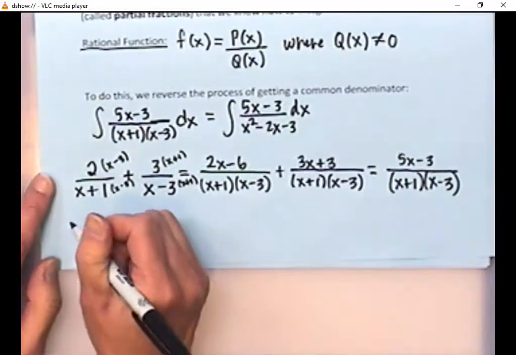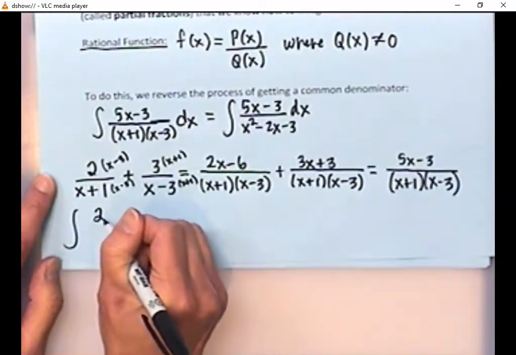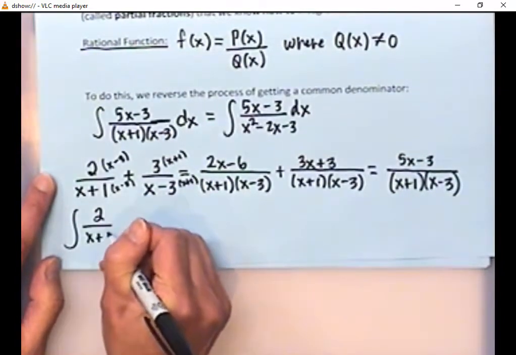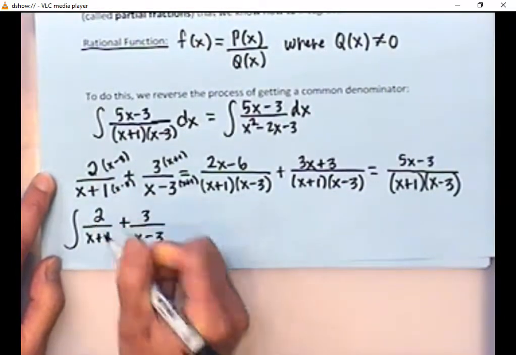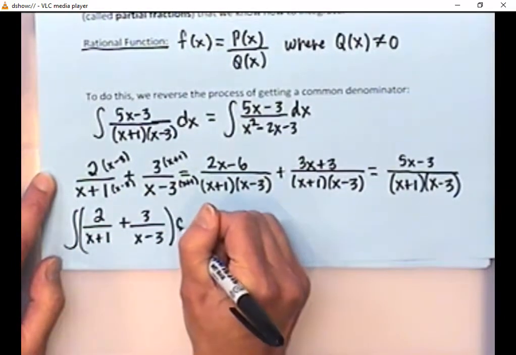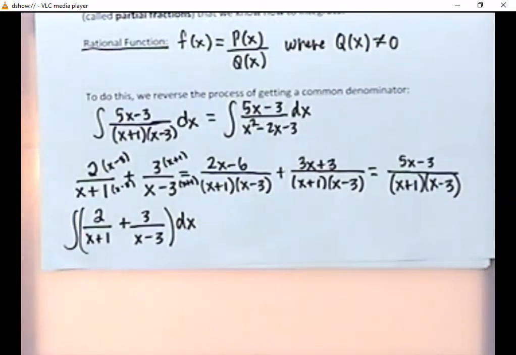However, if I integrated this form, would that be a little bit easier? So let's check on that a minute. So what if I asked you instead to integrate the 2 over x plus 1 plus 3 over x minus 3? Could you integrate that? Could I integrate this piece by itself, 2 over x plus 1? Sure. What would you integrate it to?